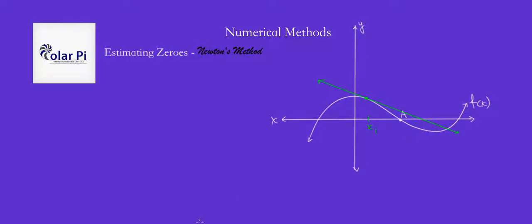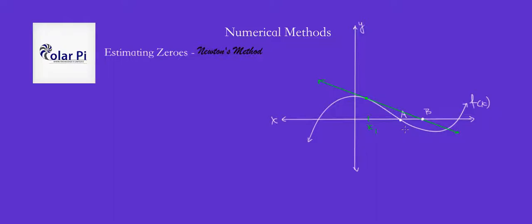You're trying to estimate the zero of f of x, specifically the zero that is a, using the tangent line at x1. Notice that the tangent line at x1 will say that your zero is right here. Let's say that that's b. Not bad, right? It's not a, but it's pretty close.